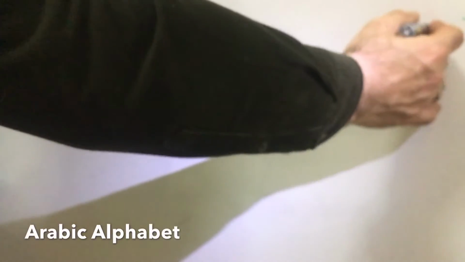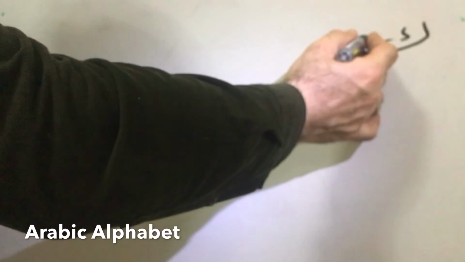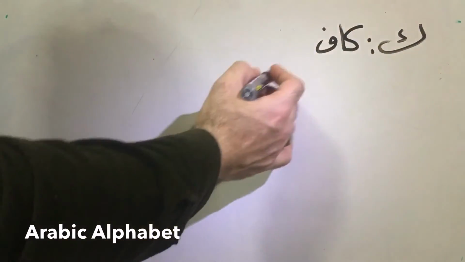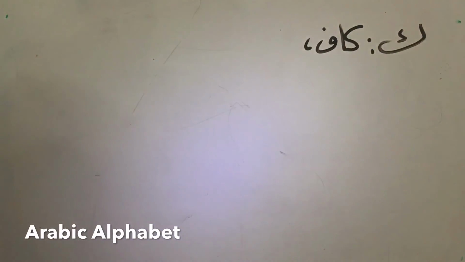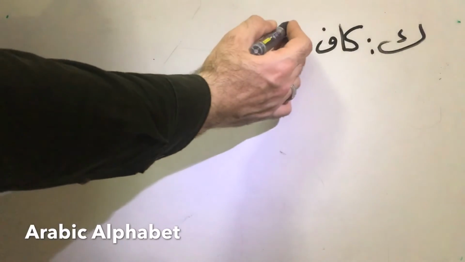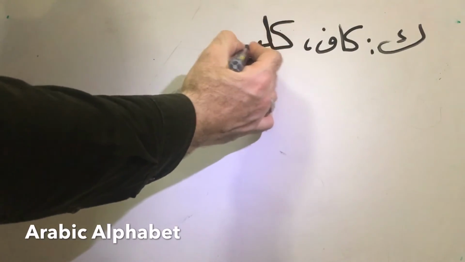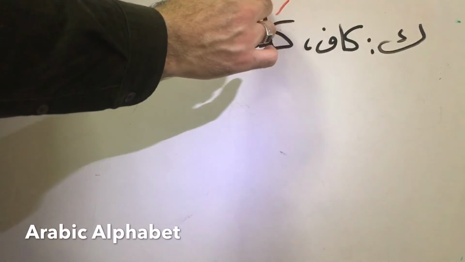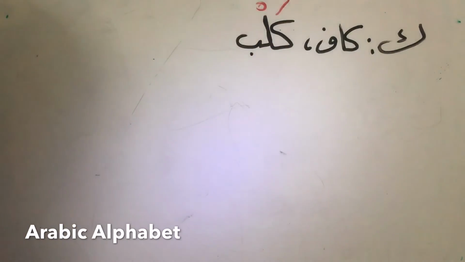Kaf is the next letter. Kaf. An example of kaf at the beginning of the word is like kelb. Kelb means dog.